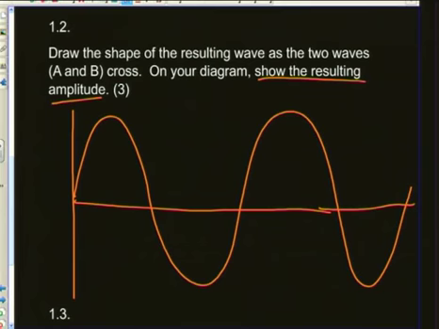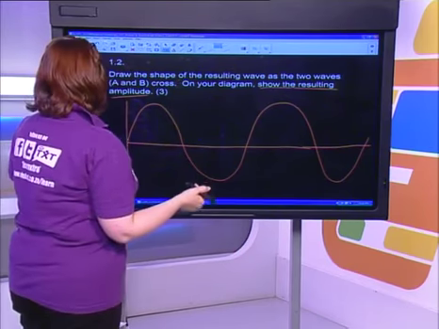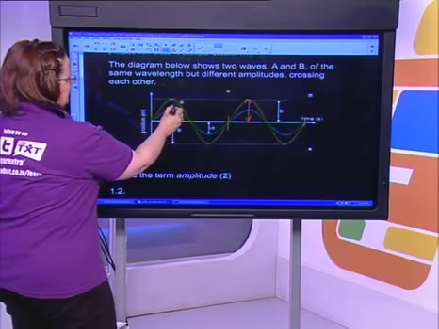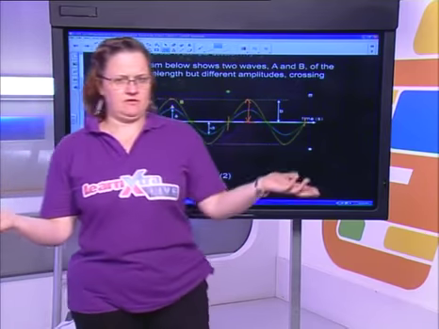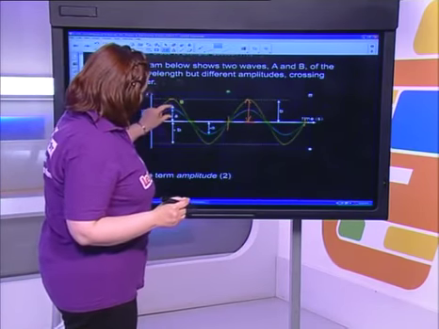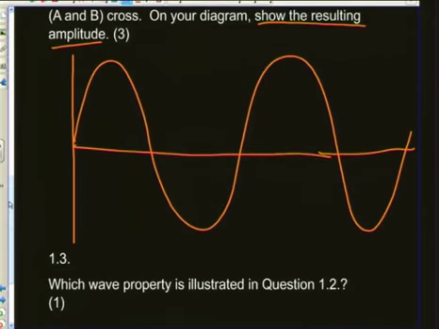But now it says show the resulting amplitude. There are no values on your diagram, so nowhere did they say that this is 5 centimeters and that's 2 centimeters, so you know it's going to be 7. But we do know that the amplitude of A is going to be added to the amplitude of B. So watch what we do. Over there, that's my new amplitude, and that's little a plus little b.